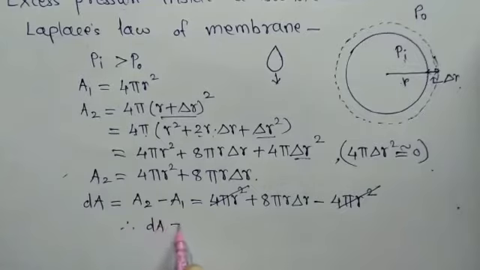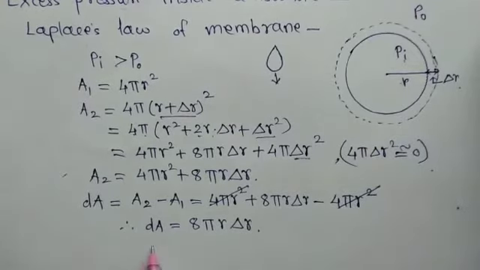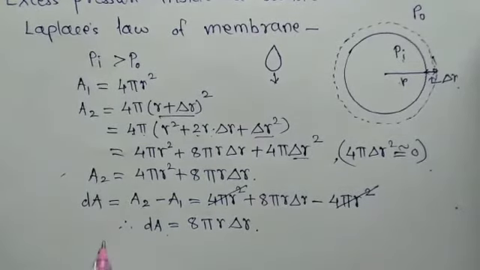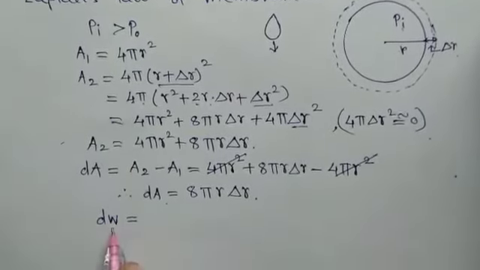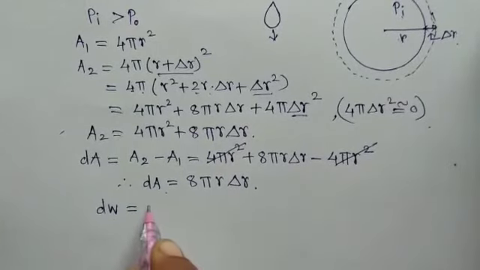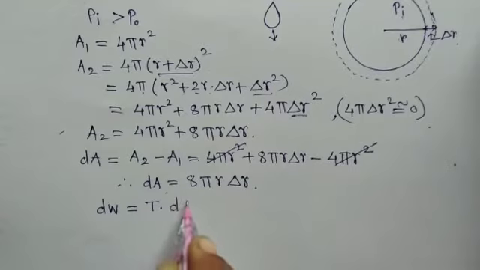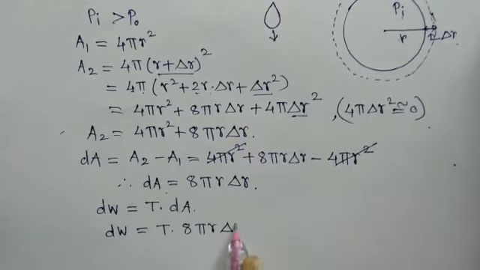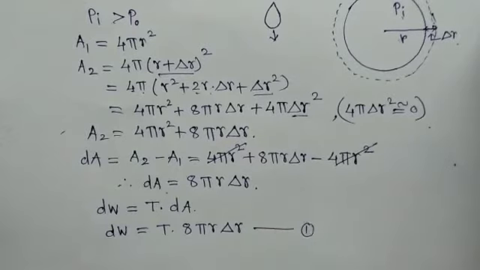Therefore, dA is equal to 8 pi r delta r. Now this increase in area is stored in the form of work done, and this work done is nothing but the increase in surface energy. It is equal to surface tension into increase in area. Therefore, dW is equal to T into 8 pi r delta r. It is equation 1.